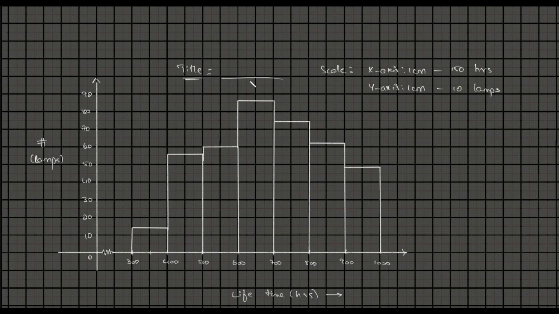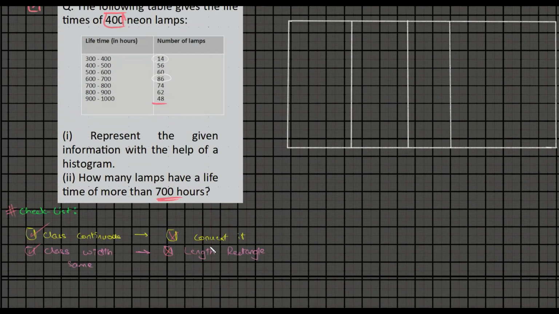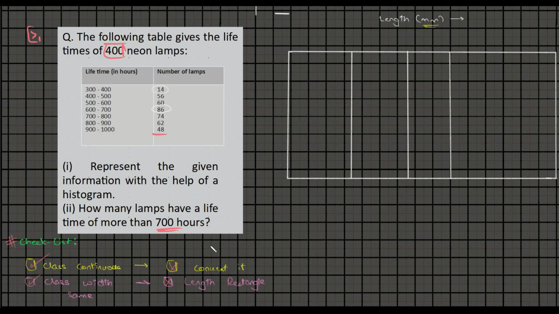Okay, so we can write down a title, and this is your complete representation, right? So this is your graph. That's your representation. How many lamps have a lifetime of more than 700? That will be from 74, 62 and 48. Adding these will be 74 plus 62 is 136, and 136 plus 48 is 184.